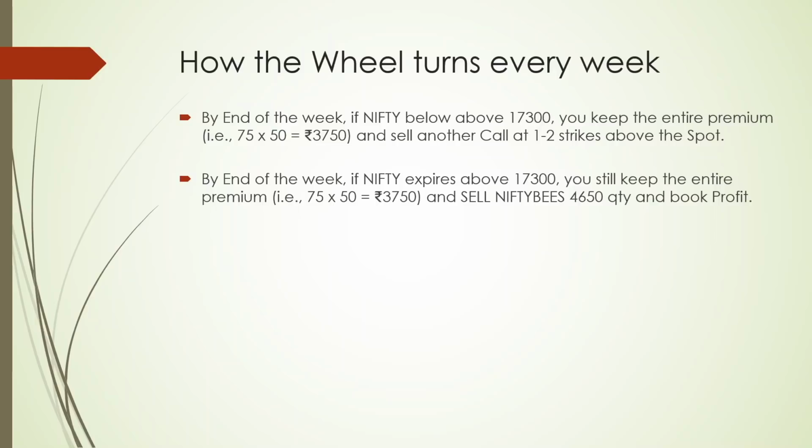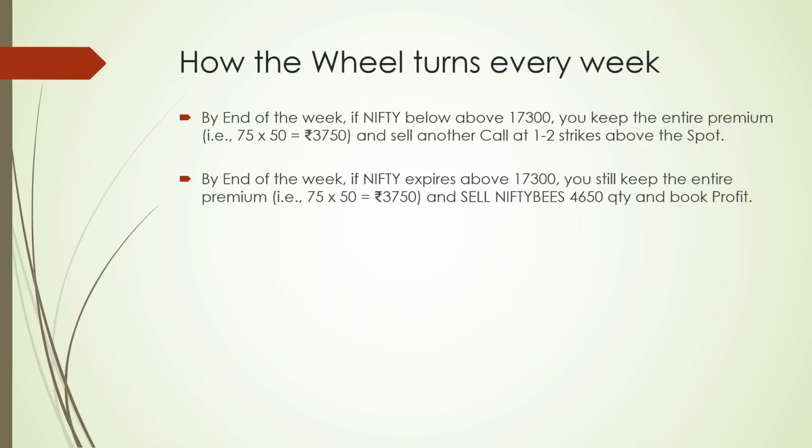Simply keep the entire premium, and you will be booking a minor loss on your call. Go and sell your Nifty Bees, because the market has already gone up. Just sell the Nifty Bees and book the profit. The amounts I will come to in the next slides.